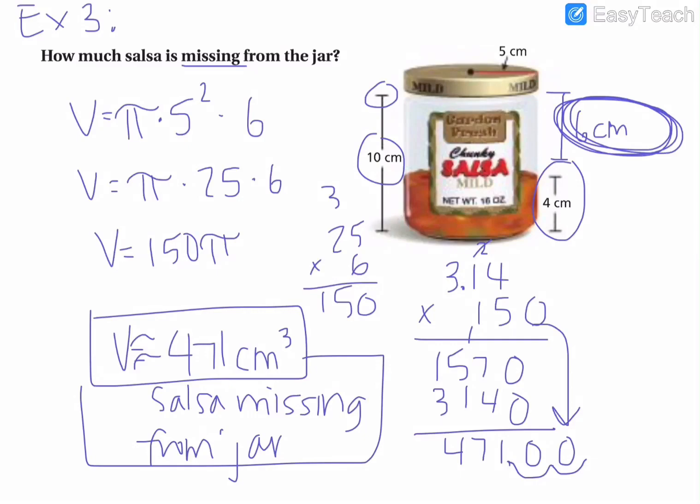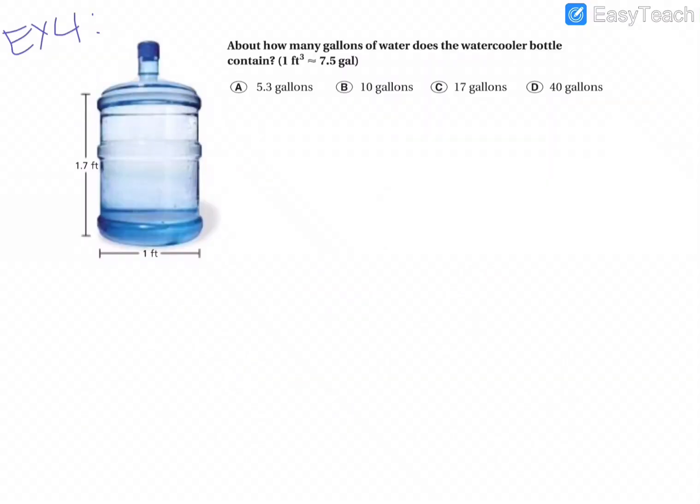All right, and then the last and final example before you do two more on your own, nice quick lesson today, is we're going to have to do some converting in this one. So first let's deal with the volume of the water container, the water bottle. We are asked how many gallons of water the water cooler bottle contains.